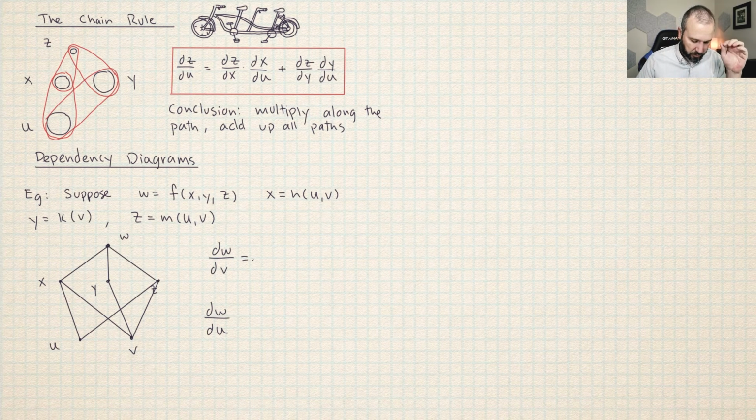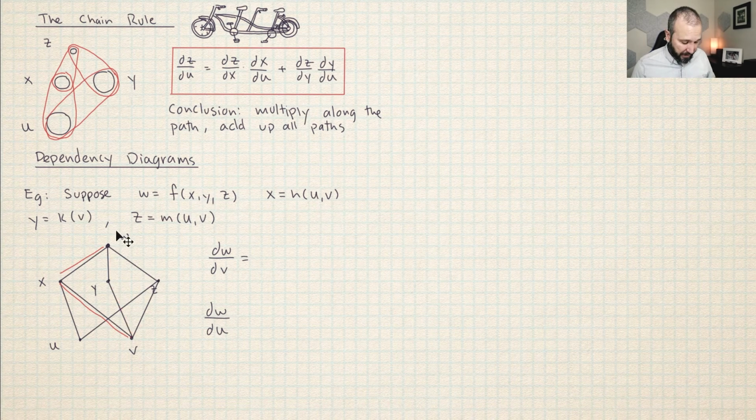All right, so I'm going to calculate del w del v and del w del u. So first, I need to find all the paths that lead from v to w. I can get from v up to w by going through x, I can get from v up to w by going through y, and I can get from v up to w by going through z.